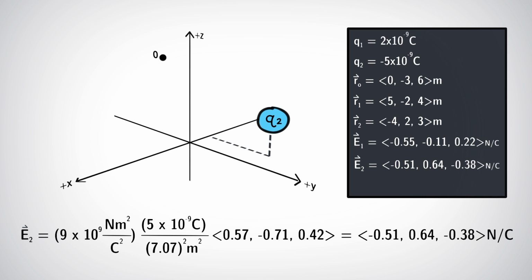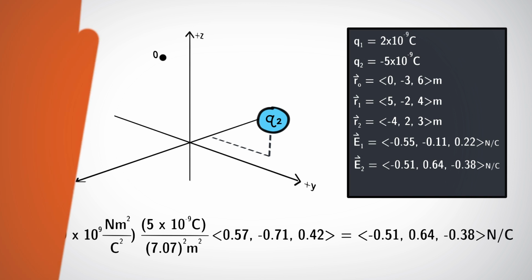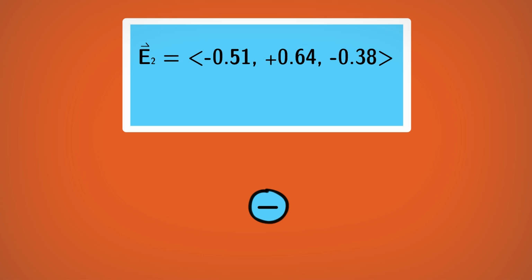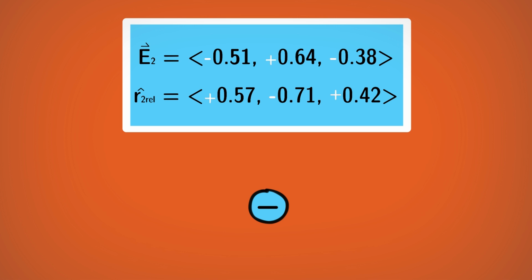Let's do a quick check of this answer too. Since Q2 is negative, then we expect the components of E2 to have the opposite signs as the components of the unit vector R sub 2 rel hat, because the E field for a negative point charge points radially inward toward the source charge.